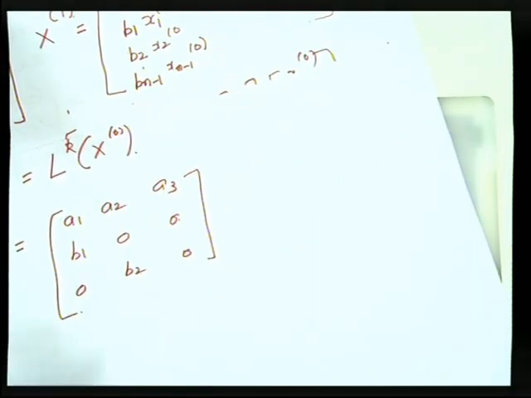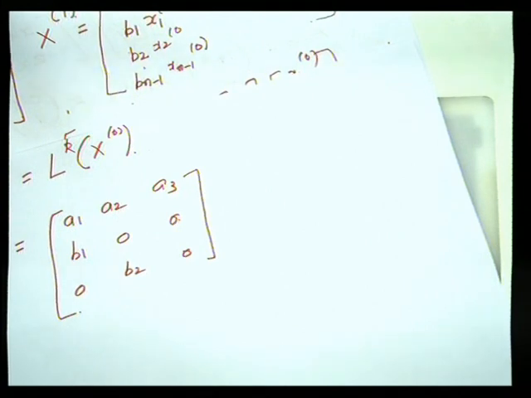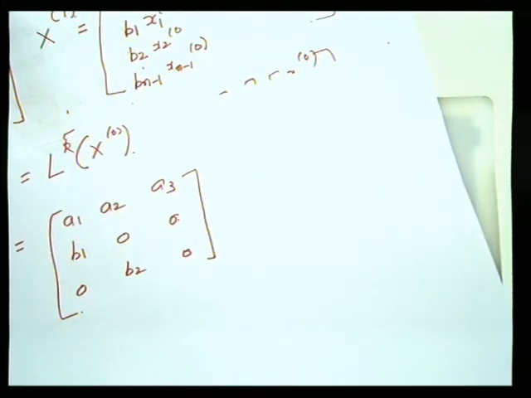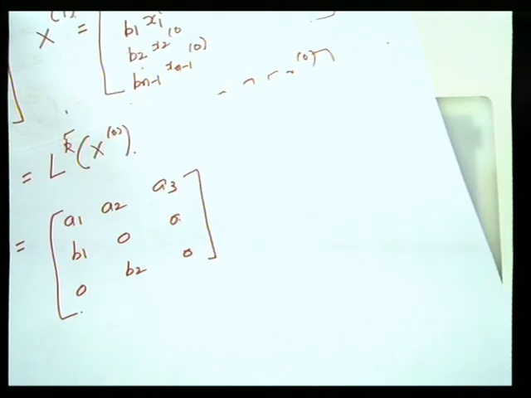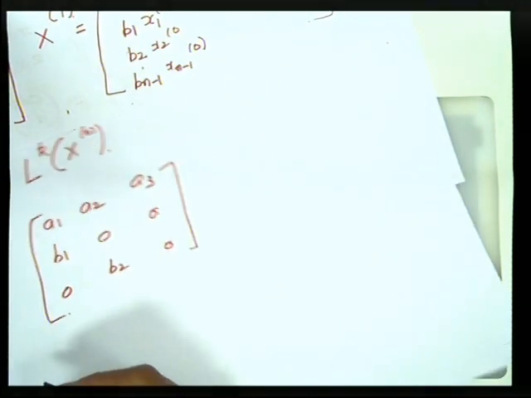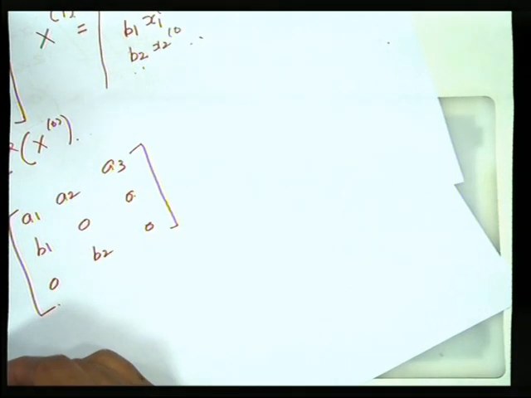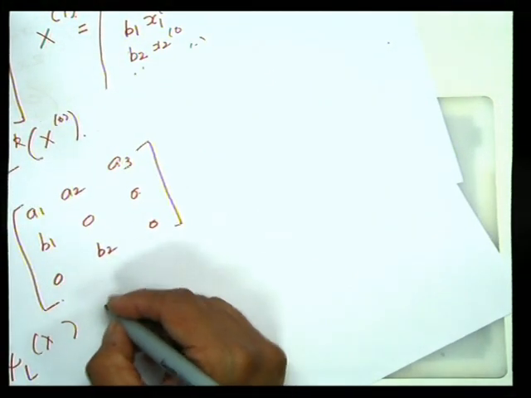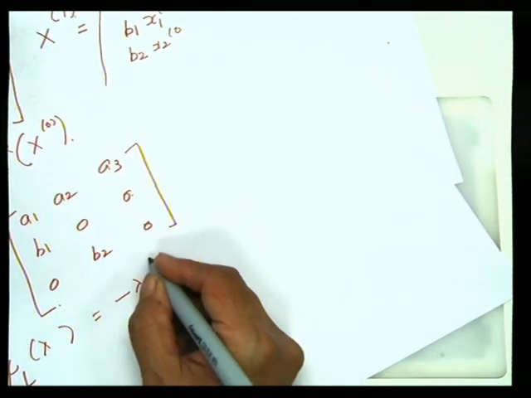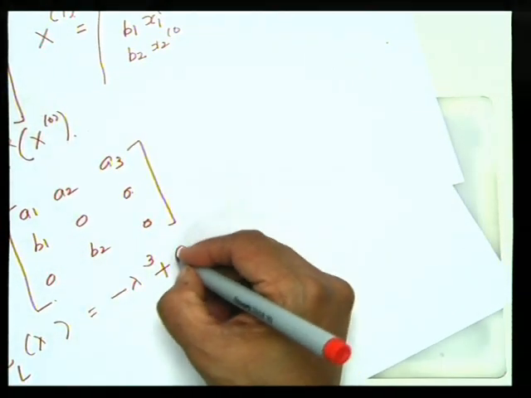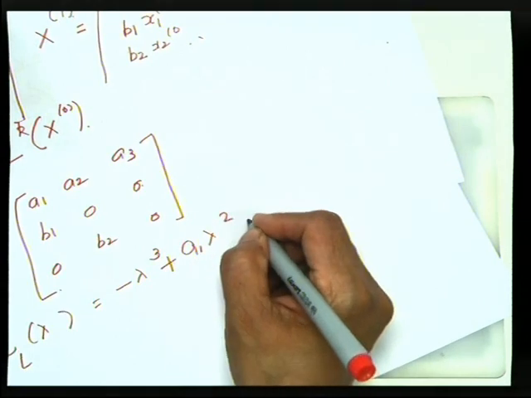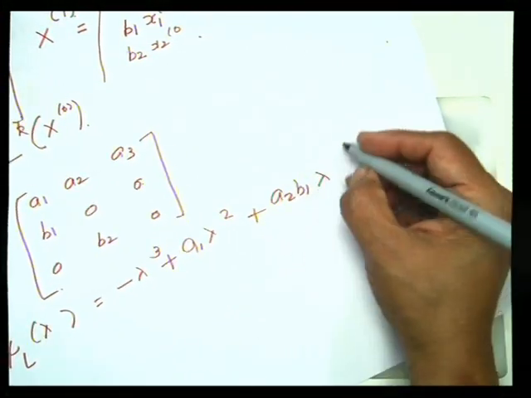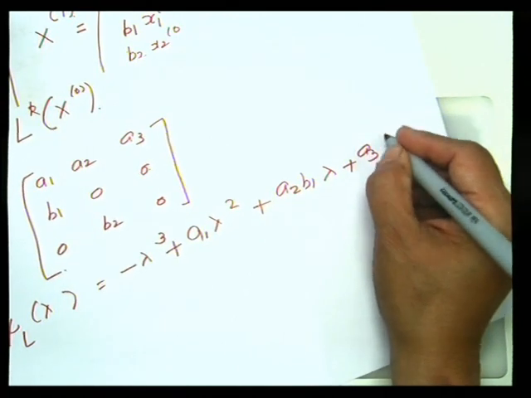Let us form its characteristic polynomial. What is the characteristic polynomial of this matrix? I will write the characteristic polynomial. This characteristic polynomial, chi_L of lambda, looks like minus lambda cubed plus a1 lambda squared plus a2 b1 lambda plus a3 b1 b2.